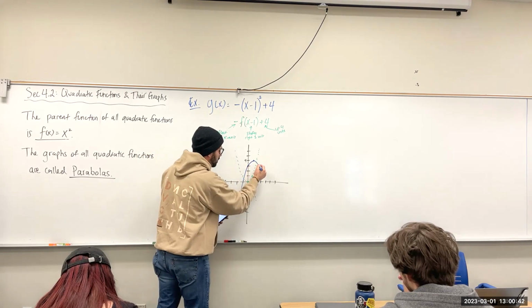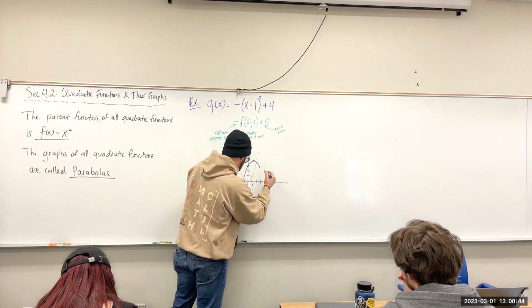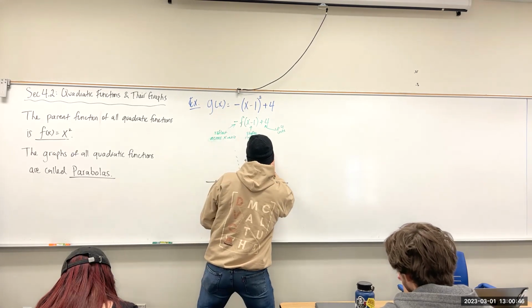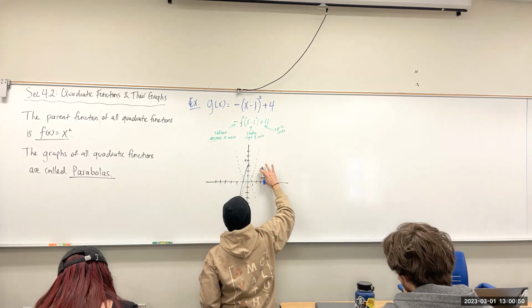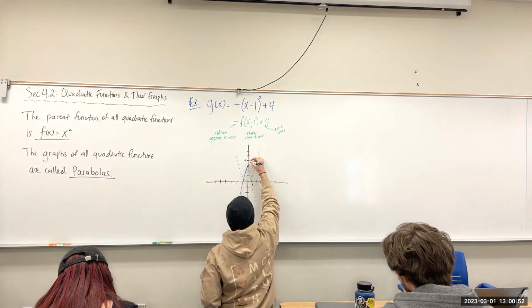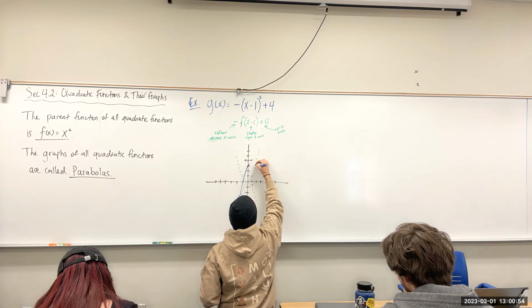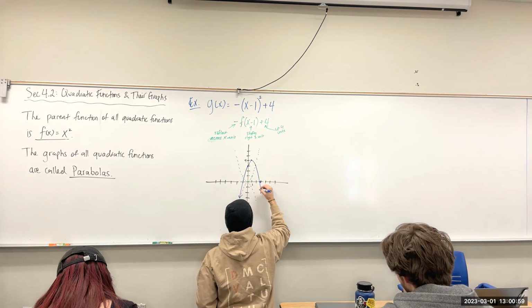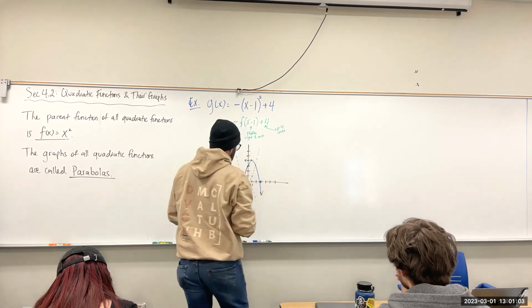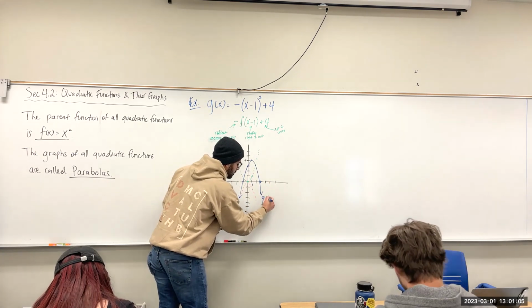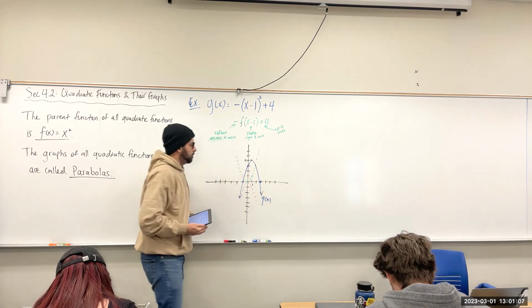The graph will end up looking something like... Let me fix that. Hold on. It's going to be right there. There we go. And then right here. Okay, so the graph will look something like that. This is the graph of your function g.